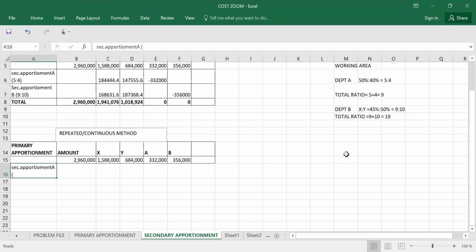So again, when I come to my working area here, and I talk of department A distributing.